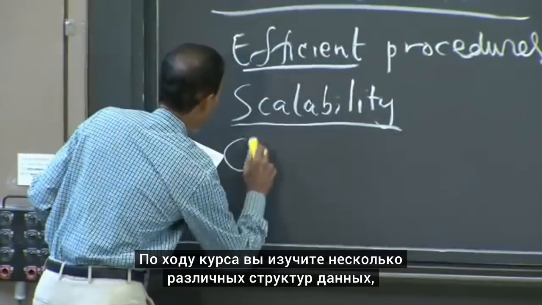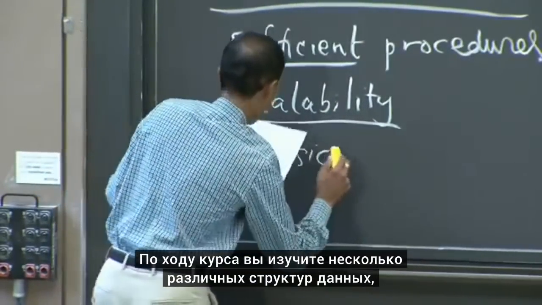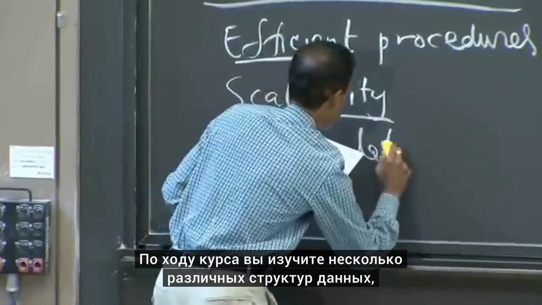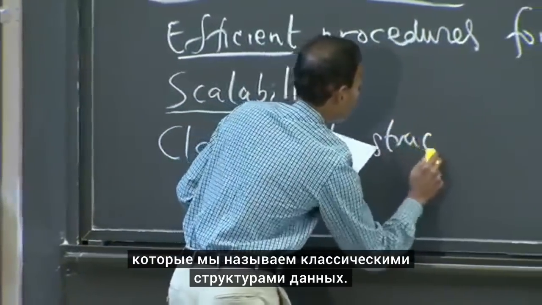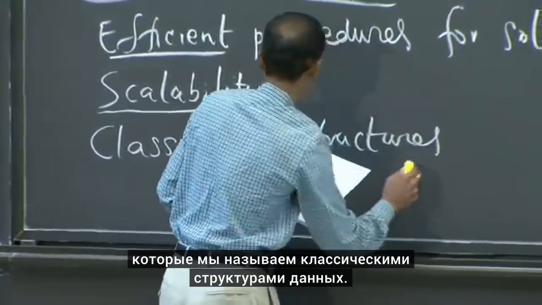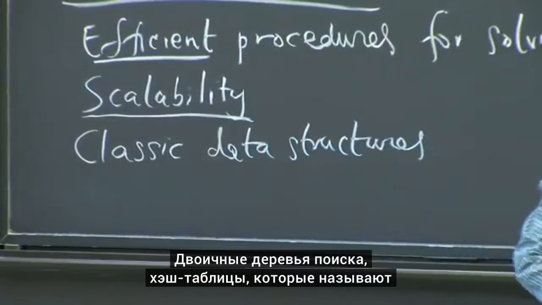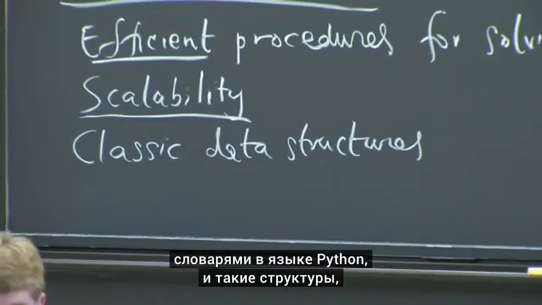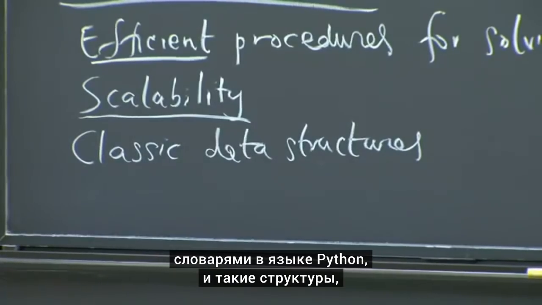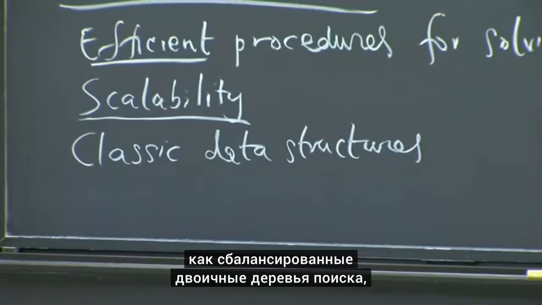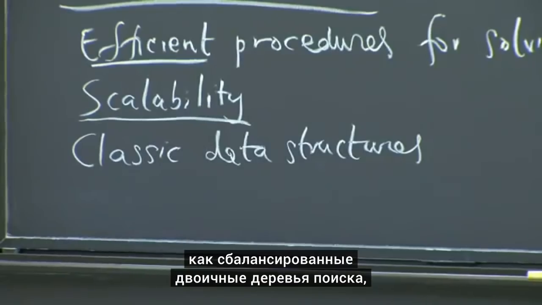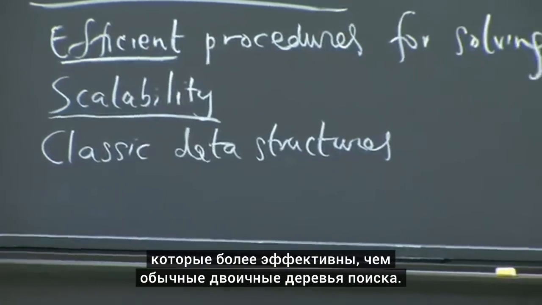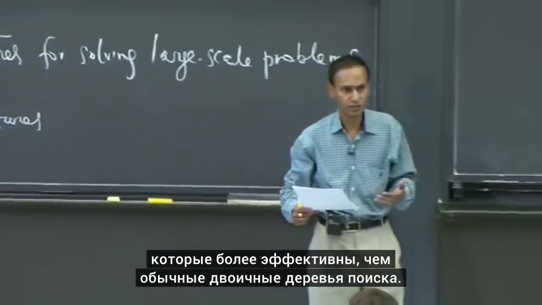You're going to learn a bunch of different data structures. We'll call them classic data structures, like binary search trees, hash tables that are called dictionaries in Python, and data structures such as balanced binary search trees that are more efficient than just the regular binary search trees.